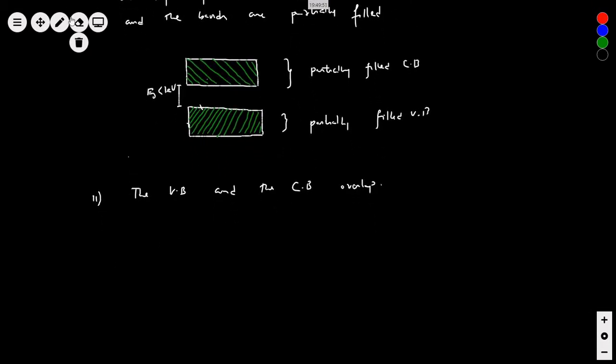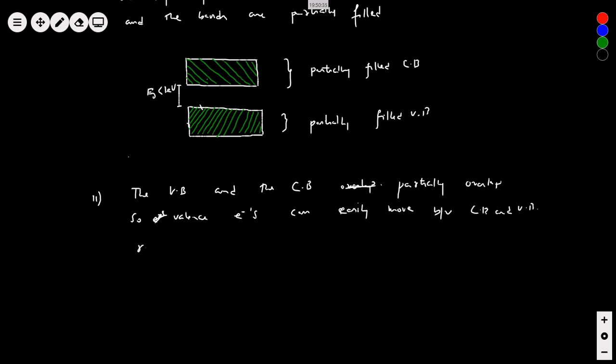In the second case, we have seen that the valence band and the conduction band overlap. Not fully, they partially overlap. As they overlap, electrons can easily move between the bands. So valence electrons can easily move between the conduction band and the valence band.